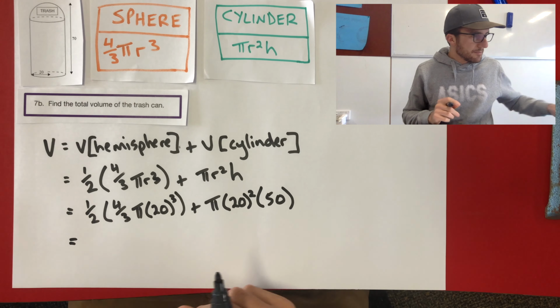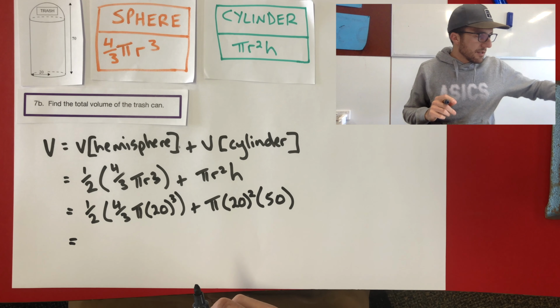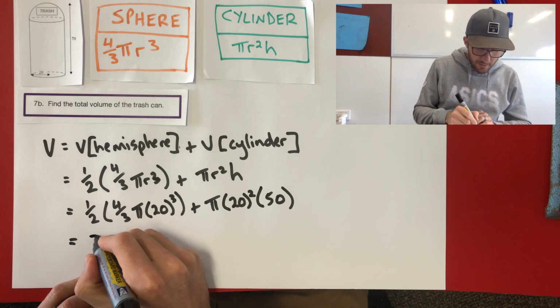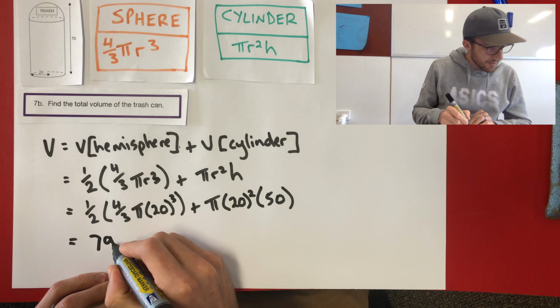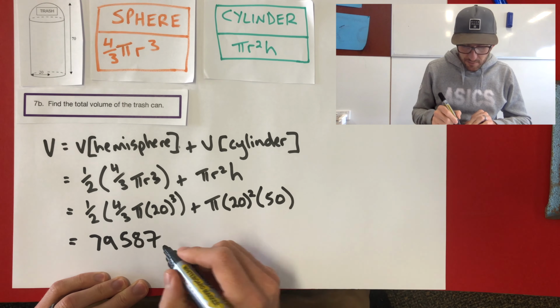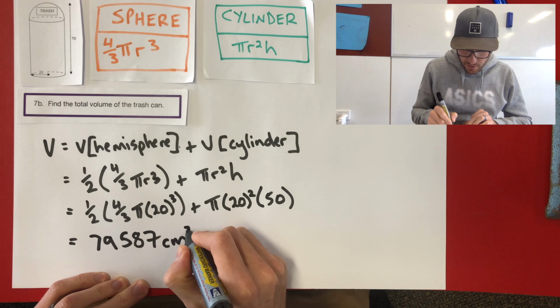Substitute all of that in, and my pre-prepared answer is 79587. Because we're working in centimetres, this is centimetres cubed.